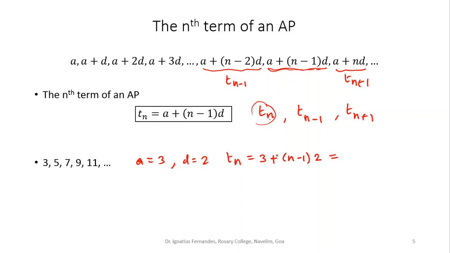You may simplify if you want. It is 3 plus 2 into n minus 1, into 2 is minus 2. So you have 3 minus 2 is 1, plus 2n. So the nth term of this arithmetic progression can be written in general as Tn equal to 1 plus 2n.